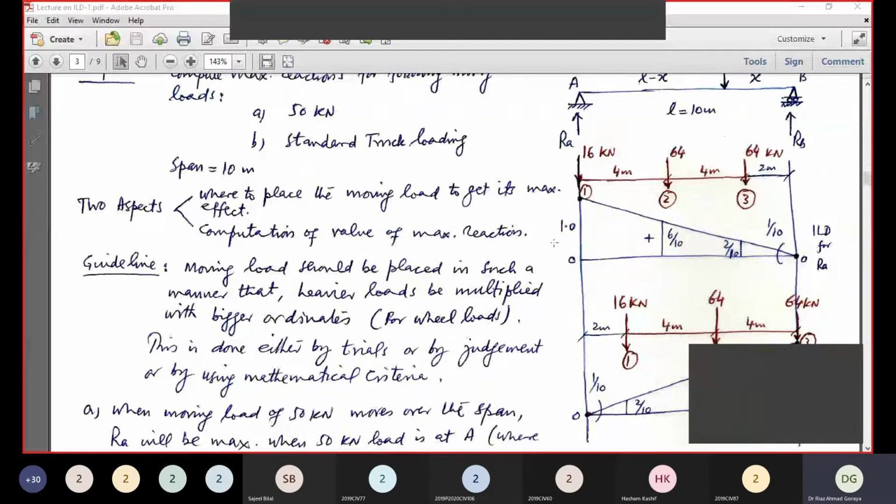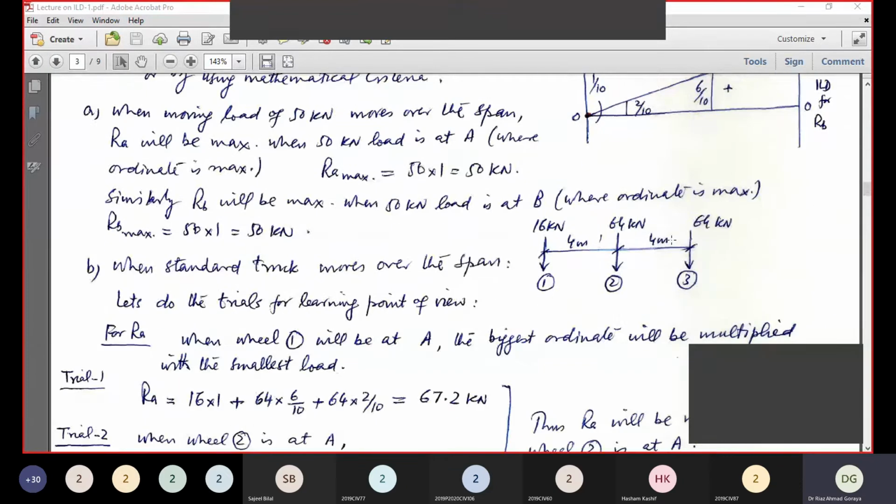When the wheel 2 is at A, surely this will give the maximum value, and this 16 kilonewton will be out of the beam. So now 64 will be multiplied with 1, and this 64 will be multiplied with 6 by 10. Trial 2. Wheel 2 is at A.